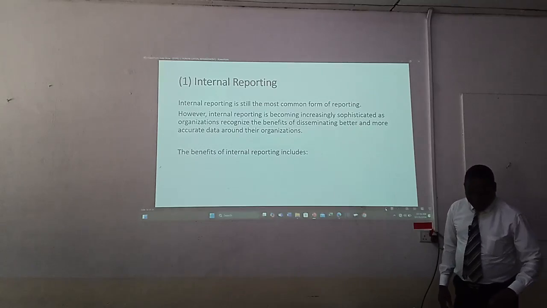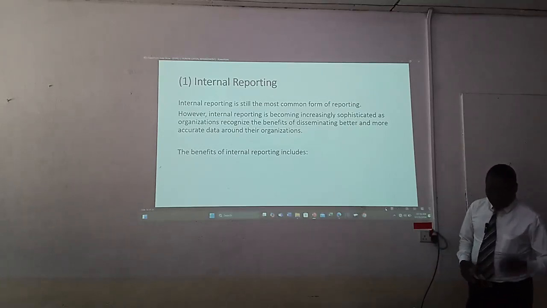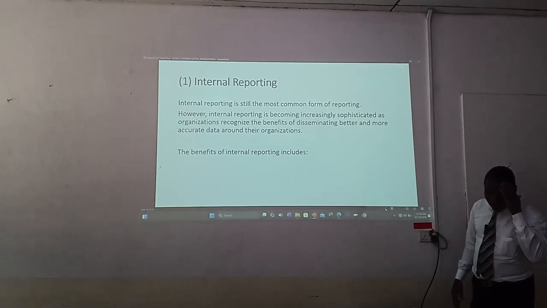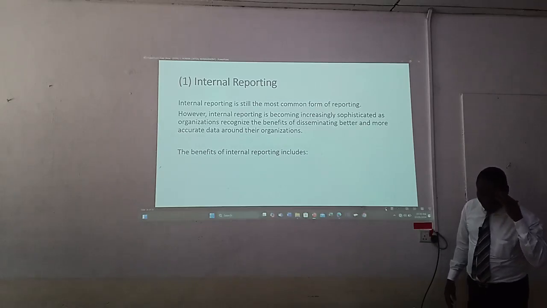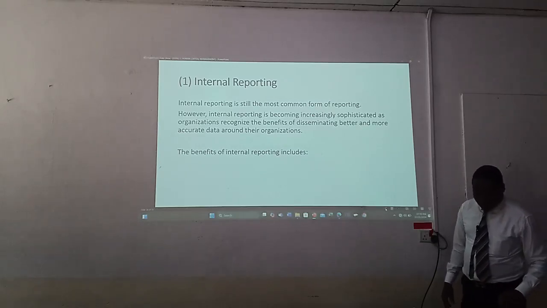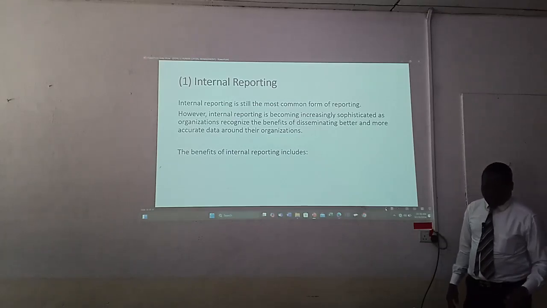Internal reporting is still the most common form of reporting. However, this internal report is becoming increasingly sophisticated as organizations recognize the benefits of disseminating better and more accurate data around their organizations.